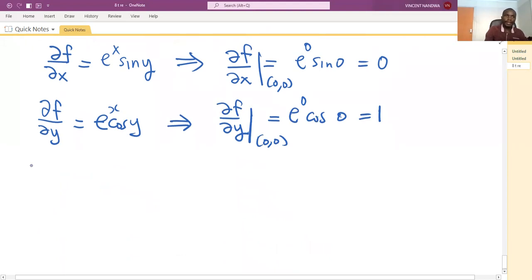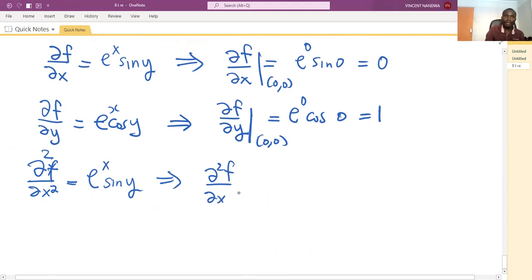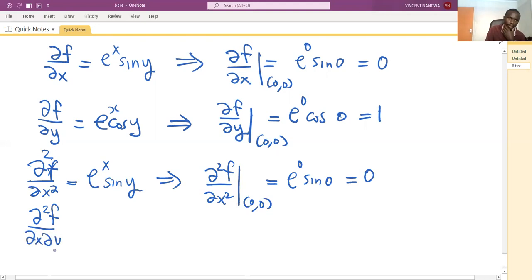So next, partial squared f partial x squared. Now we differentiate this first derivative with respect to x. So we'll have e raised to the power x sine of y, which tells us that partial squared f partial x squared at (0, 0) will just be e raised to the power 0 sine of 0, which is 0. And then partial squared f partial x partial y.